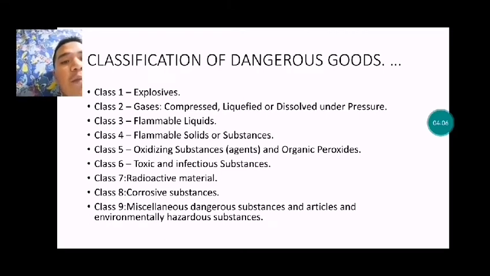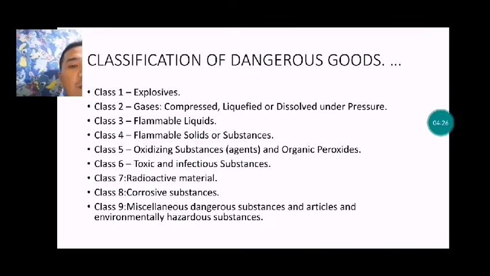And number 8: Corrosive substances. No subdivision. It consists of substances which can cause damage by chemical action in case it leaks and makes contact with living tissues. It can damage other freight materials.